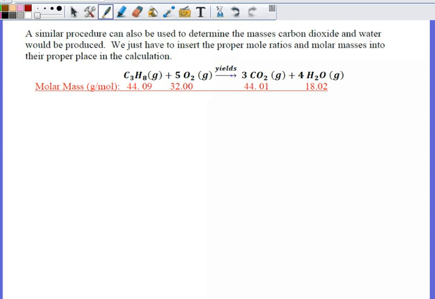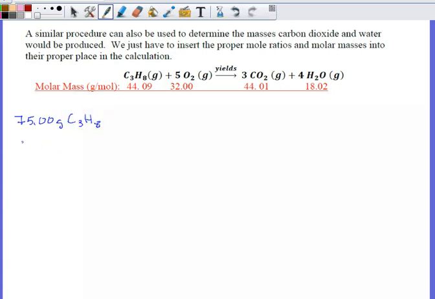This arrow means yield, so you could say that 1 mole of propane reacts with 5 moles of oxygen to yield 3 moles of CO2 and 4 moles of water. So we're going to talk about our yields now, how much product could theoretically be made of each one of these. And we're basing that off of completely combusting 75.00 grams of C3H8.